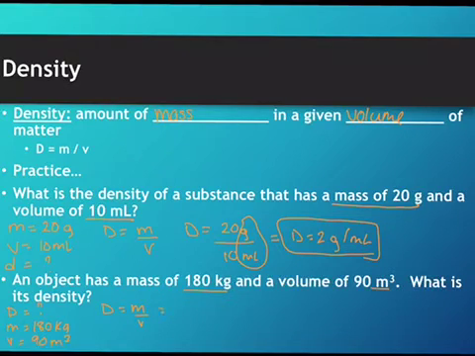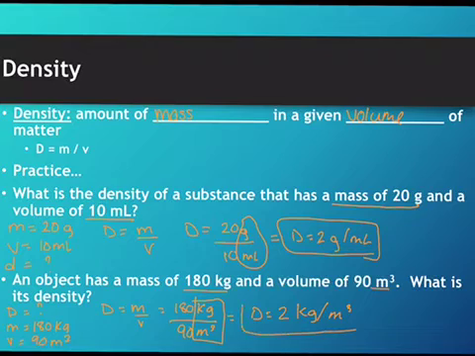So plug in what we know into our formula. 180 kilograms over 90 meters cubed. Put that in your calculator if you need to. And what you get is your density equals 2 again, but unlike that first problem, we now have different units left over. So our units are kilograms over meters cubed.